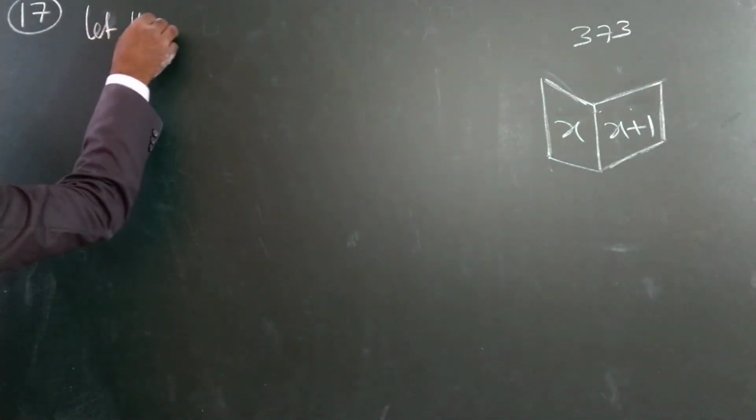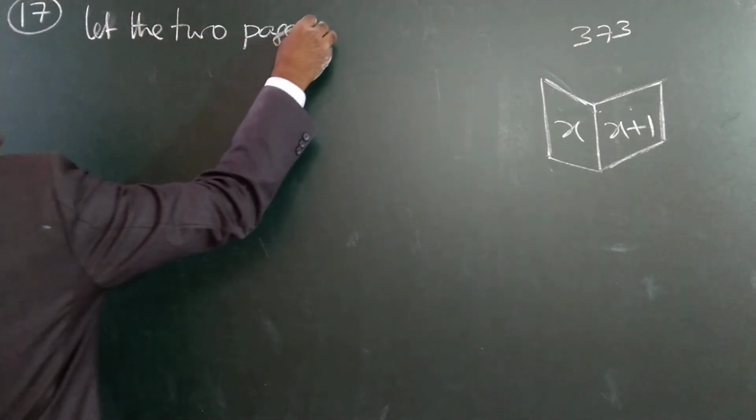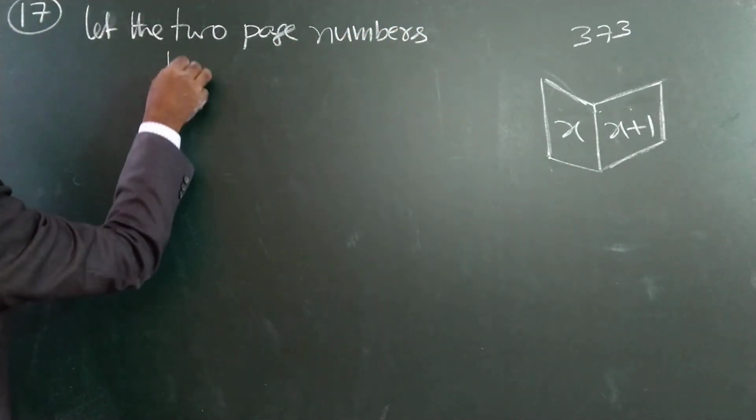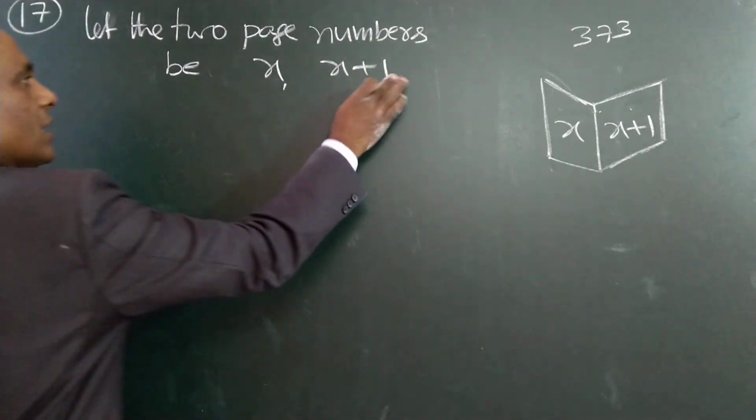Let the two page numbers be x and x plus 1. x is one page number, x plus 1 is the second page number.